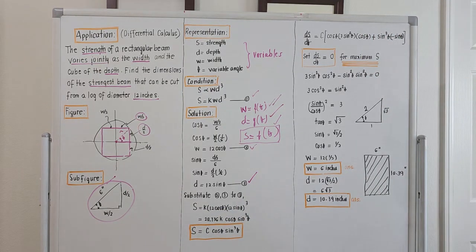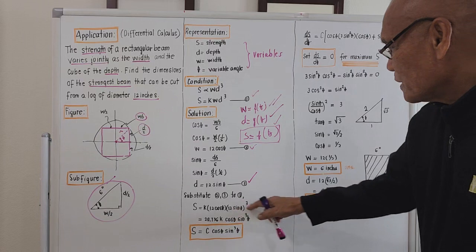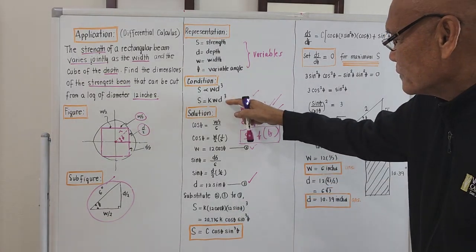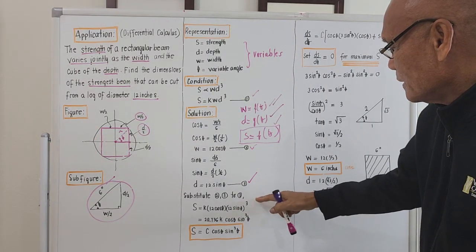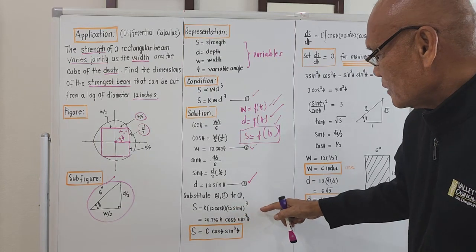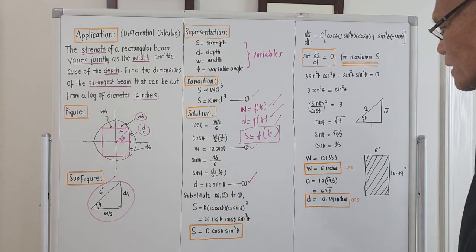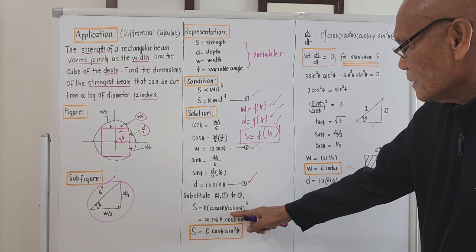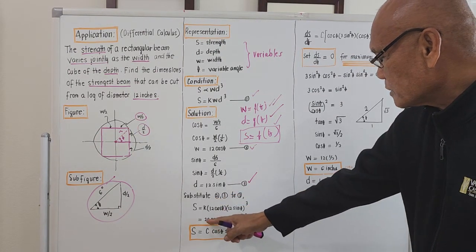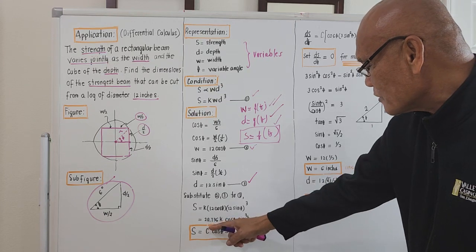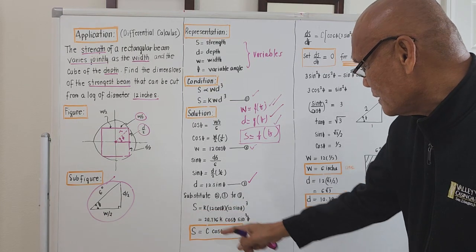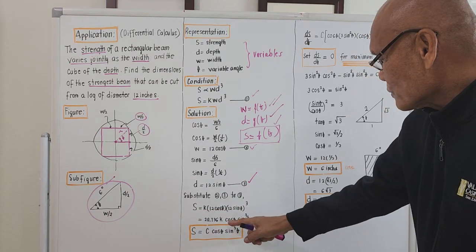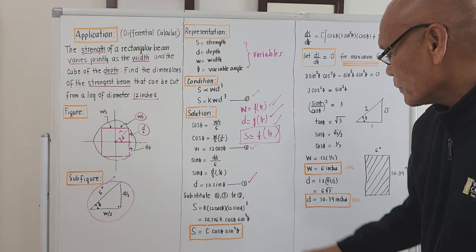And what is the depth? 12 sine of theta, but this should be to the third power. If we expand this, there will be a 12 squared over here times 12. That will be 20,736 times K, times cosine of theta times sine cube of theta.